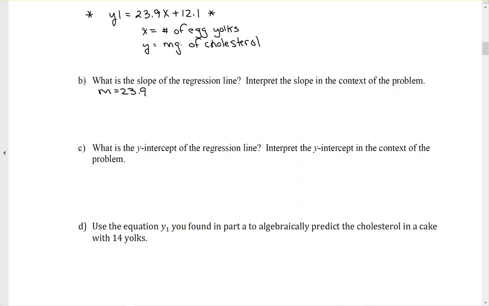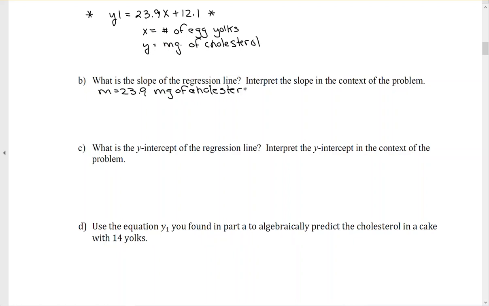In this case, our y's, milligrams of cholesterol, over the change in x's, because remember your slope formula is y2 minus y1 over x2 minus x1, so it's the y's over the x's, number of egg yolks, or per egg yolk.